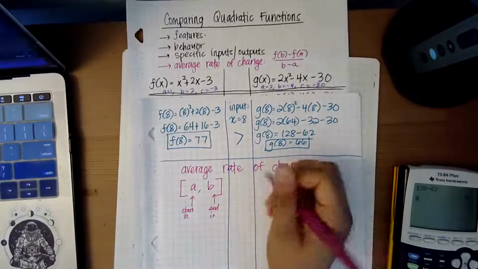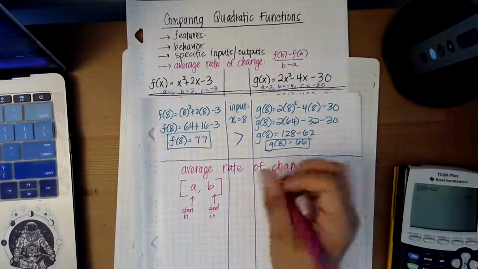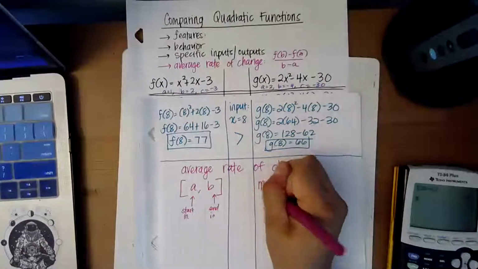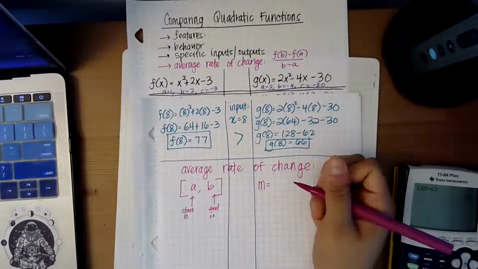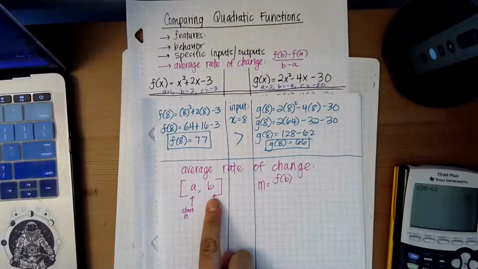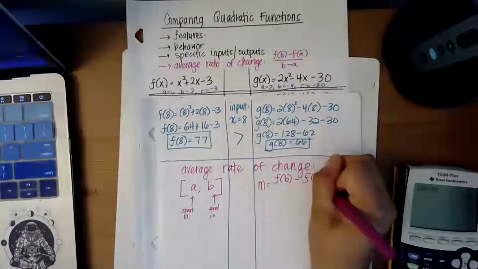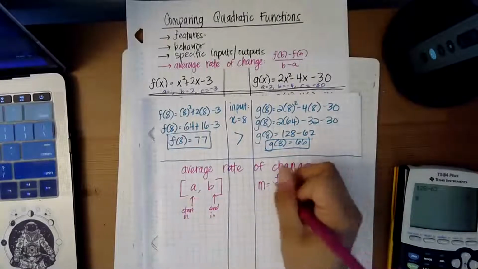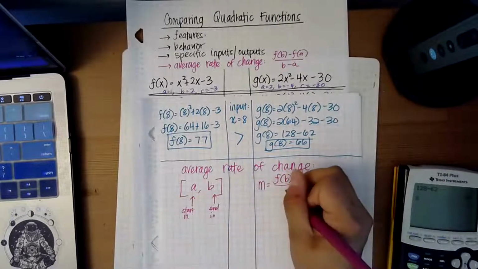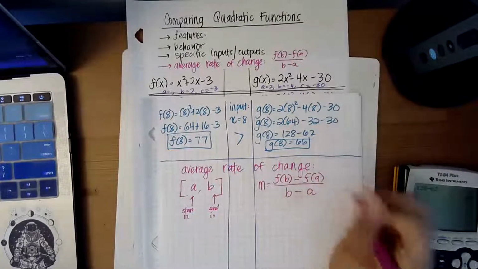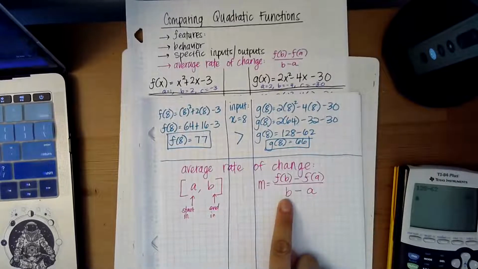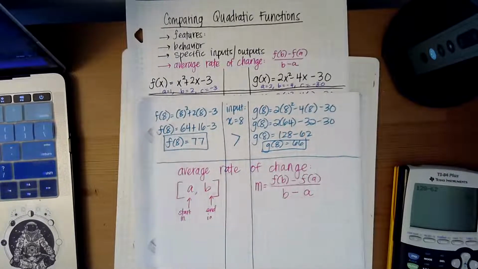My average rate of change formula is going to be, I'm going to call it m because it is slope. I take the output of the ending input, subtract the output of the starting one, and then divide that by the difference of the inputs. It's always last minus first. You always start from the end and you go back to the beginning.